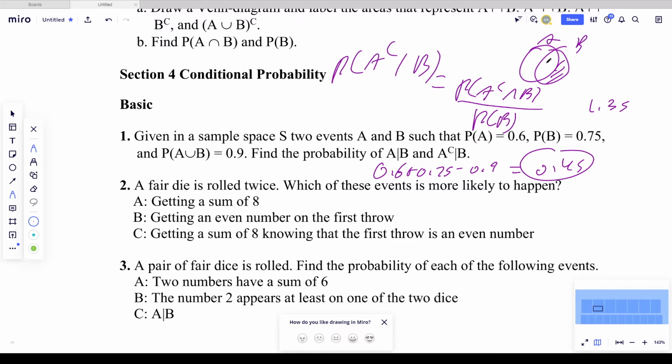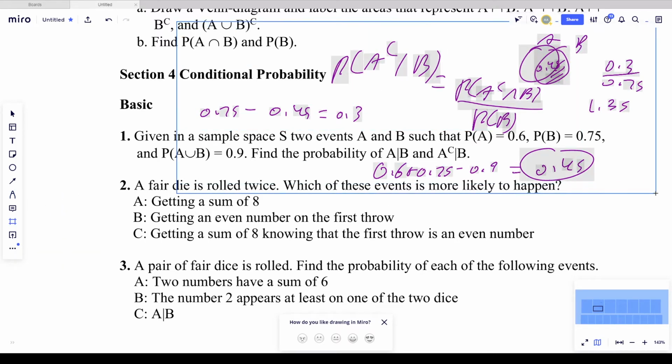This will be the intersection, so here's 0.45, so 0.75 B minus the intersection 0.45, it'll be 0.3. So there's 0.3 here, so 0.3 over probability of B being 0.75, and you just calculate.